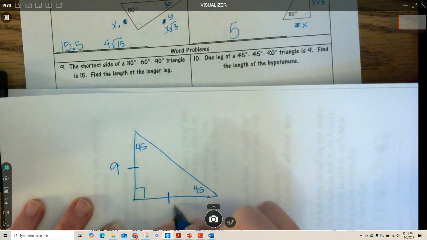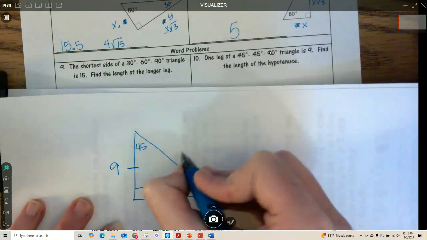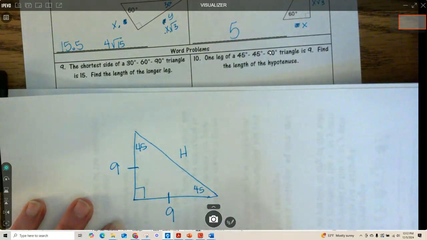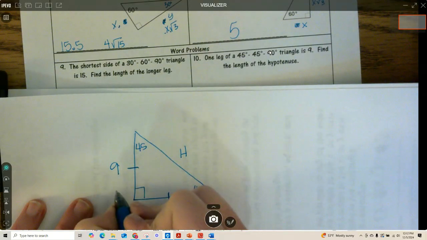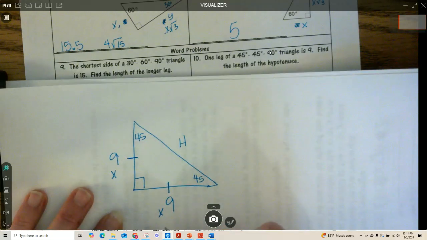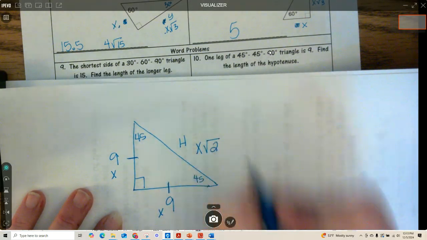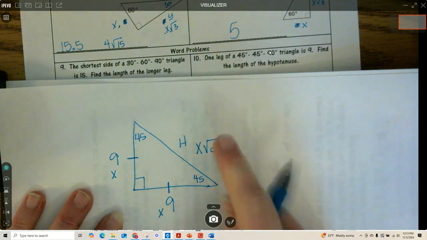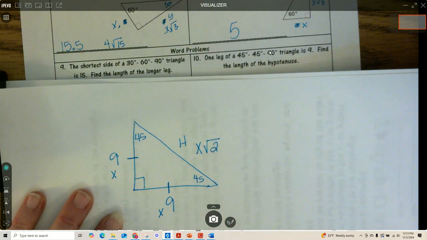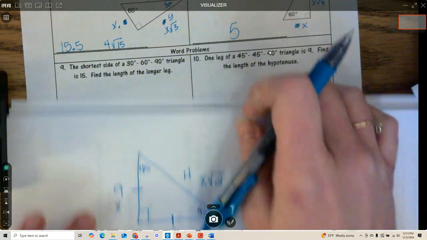So if this one's 9, this one's 9. And it says find the length of the hypotenuse. So the rule for the 45, 45, the legs are equal to x, and the hypotenuse is x times the square root of 2. So what's the length of the hypotenuse going to be? You just plug a 9 in for that x.